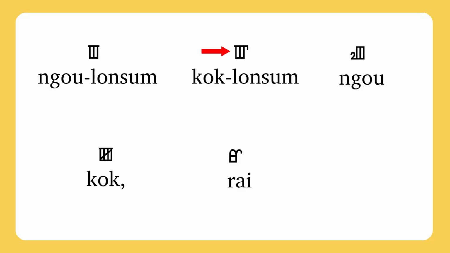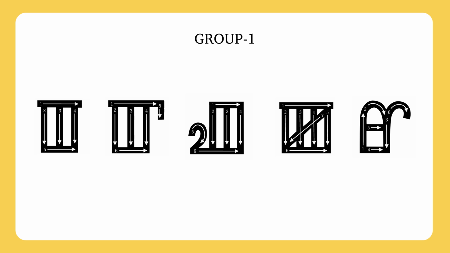Please look at the screen. We have arranged the Meetei Mayek letters into 10 groups. Let's go through them one by one. Group 1 includes Ngau Lonsum, Kok Lonsum, Eepee Ngau, Eepee Kok, and Eepee Rai.